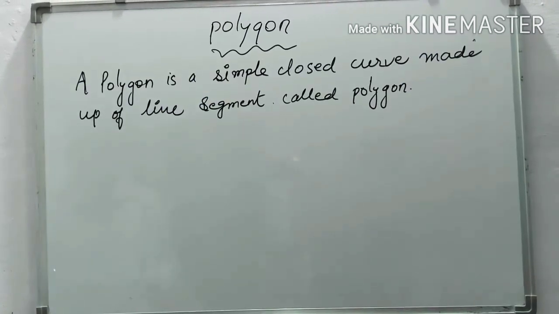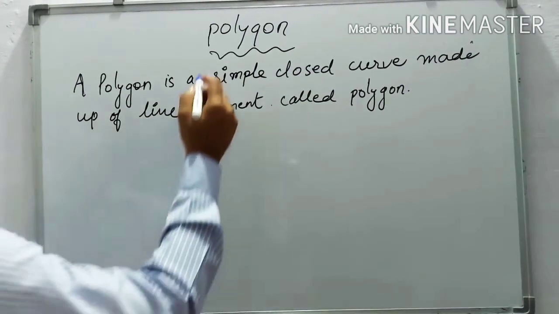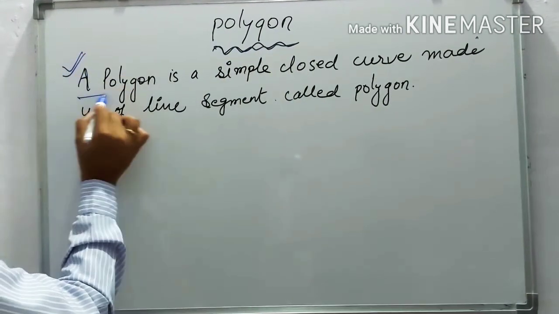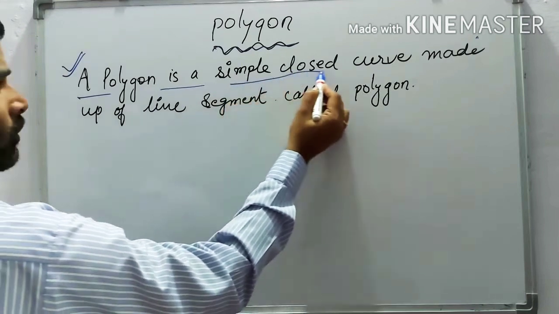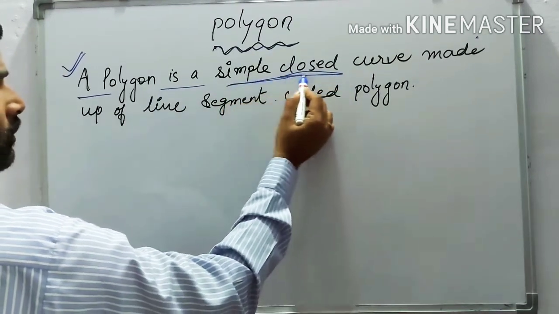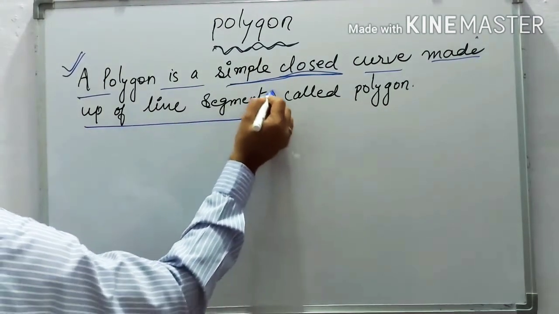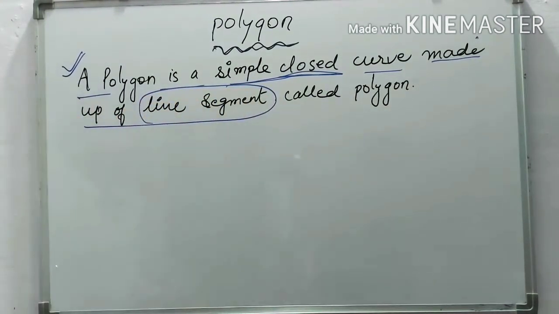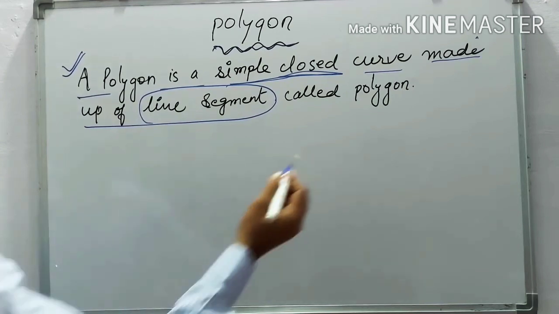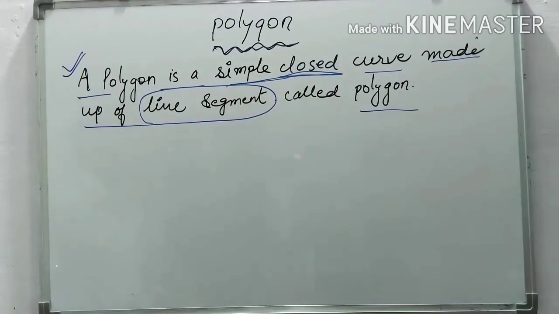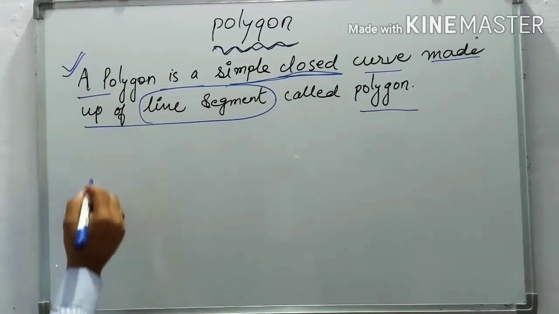Okay, now the second topic is polygon. A polygon is a simple closed curve made up of line segments. This type of closed curve drawn by line segments is called a polygon.